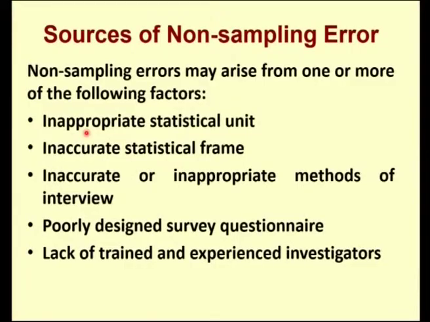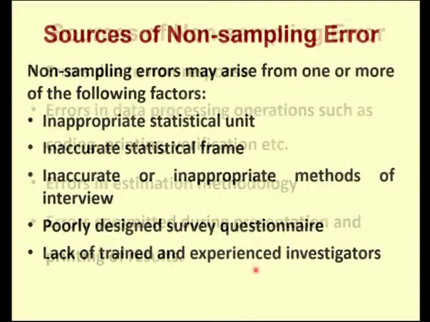We have some 5 or 6 sources. The first one, inappropriate statistical unit; inaccurate statistical frame. We have already seen what a statistical frame is. Inaccurate or inappropriate methods of interview, poorly designed survey questionnaire, lack of trained and experienced investigators.